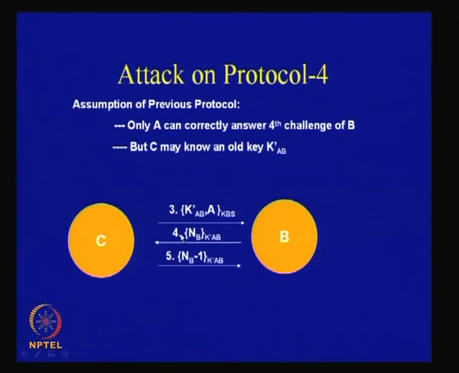So when it does the freshness check, it really does not solve the problem, because at least B is actually obtaining an old key, which again violates the objective of the protocol.